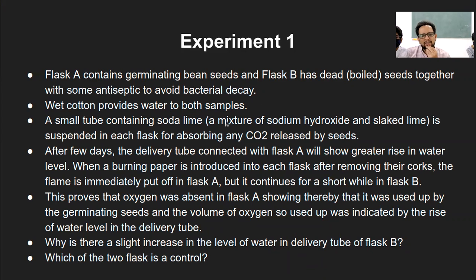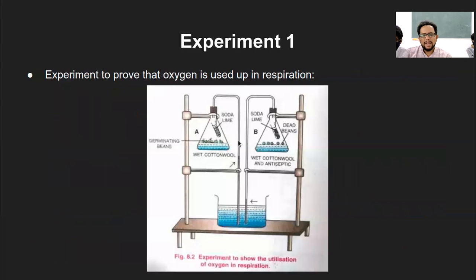The property of this soda lime is that when it comes in contact with carbon dioxide, it will absorb all the carbon dioxide and react with it, causing a turbid solution, because it will form sodium carbonate, which is a little turbid in nature, and that will be generated within the solution. So a small tube containing soda lime is suspended in each flask for absorbing any CO2.